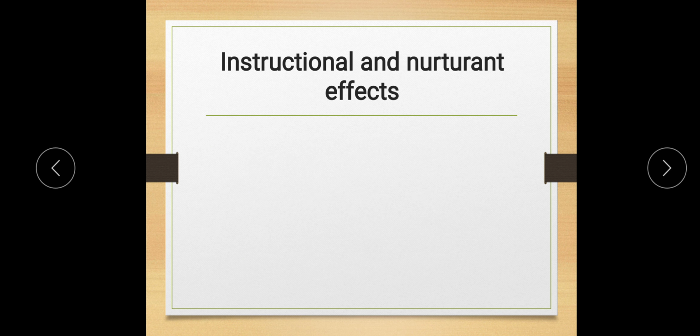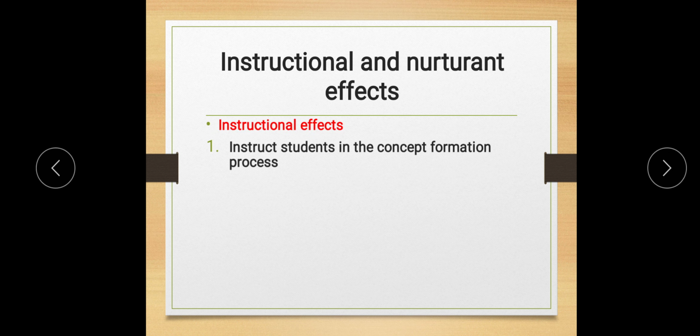Now the last part is instructional and nurturant effects. Instructional effects are nothing but those effects, or we can call them direct effects, which you can see or observe in the classroom by using this model. These are the instructional effects: instruct students in the concept formation process, teach specific concepts.